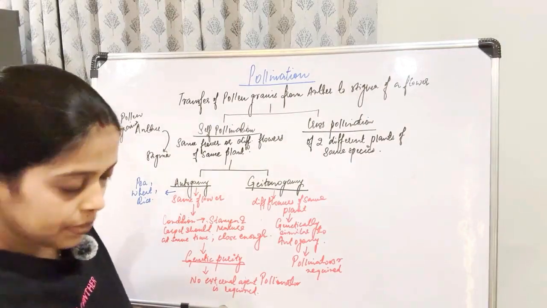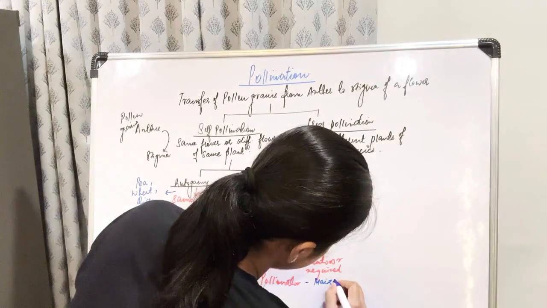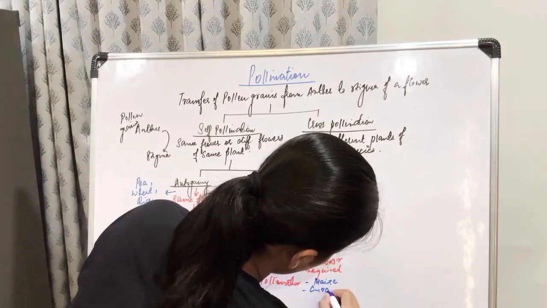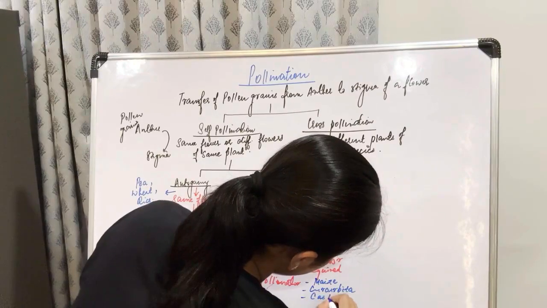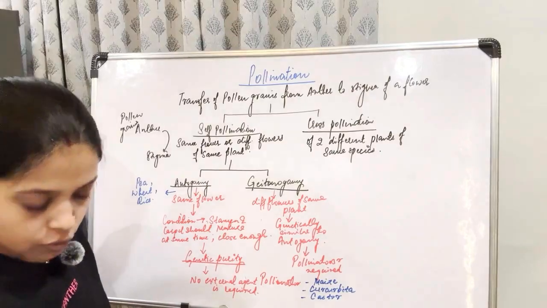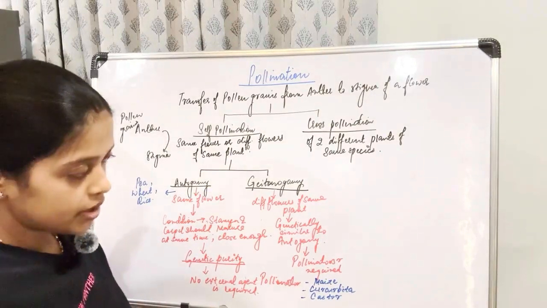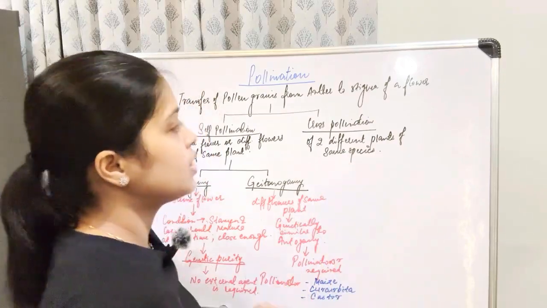So the examples are maize, cucurbita and castor, okay. Now we'll move to a very important part, that is cross pollination.